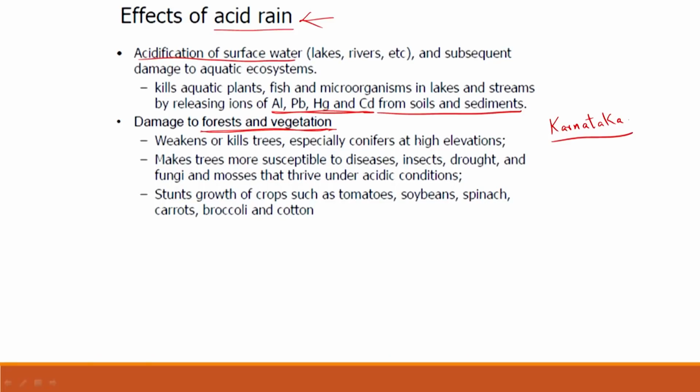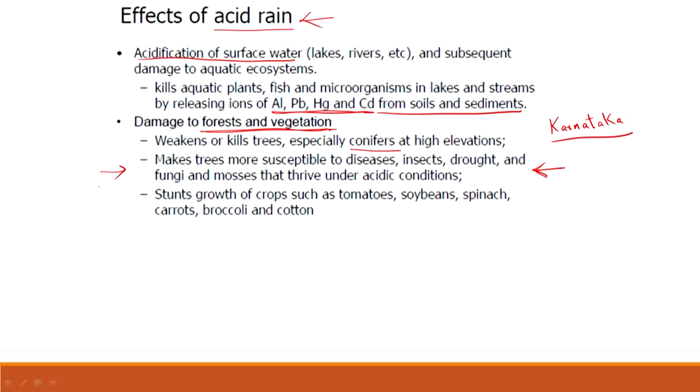Again weakens or kills trees, especially conifers. Again, we are not only talking about conifers, right, it makes trees more susceptible to diseases. Again, the issue is that similar to humans, let us say, who live in a relatively more polluted environment, they are relatively more susceptible to attack by viruses or microorganisms.